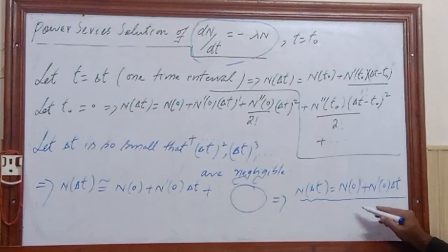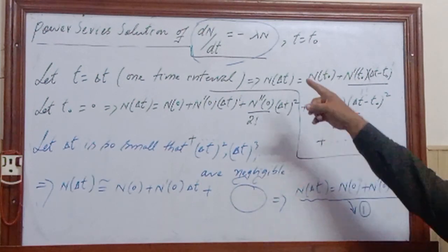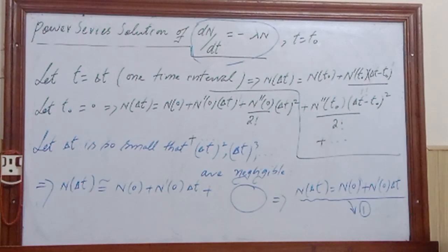Okay, so here let's say this is equation 1. We can further use this equation 1 in order to approach our approximate power series solution of this differential equation dn over dt is equal to minus lambda n.